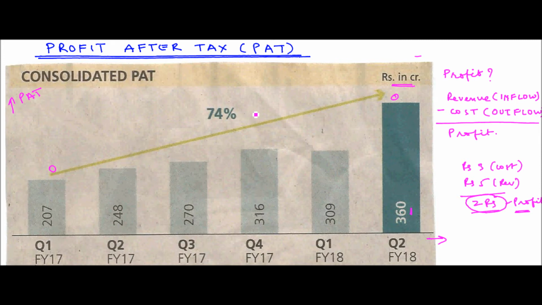So the more profit after tax that an organization earns, the better that company is and the more secure future it has. Now let us look at a simple P&L statement, that is profit and loss statement, and we'll come to know how the PAT, or profit after tax, is calculated.